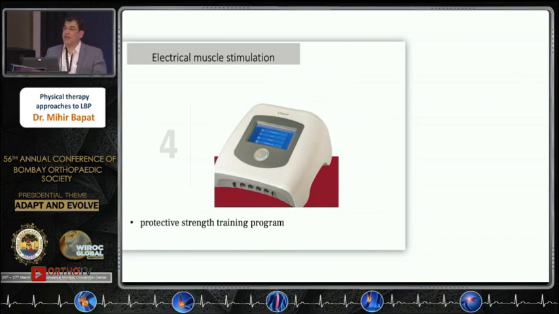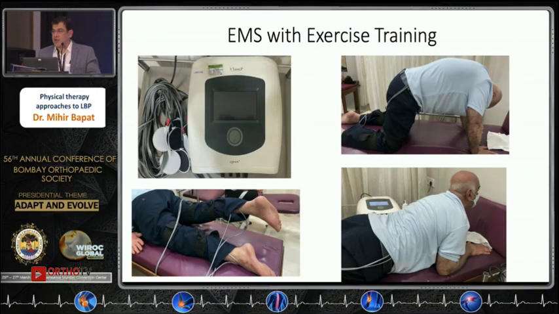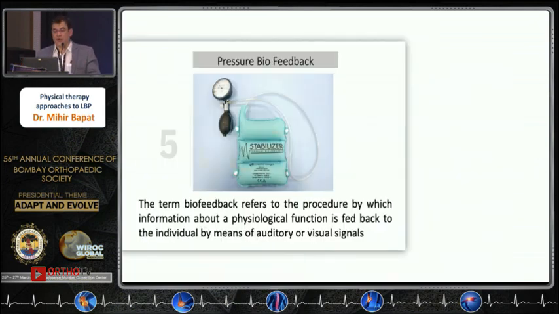And then the commonly used is the electrical muscle stimulation. So this is a sort of a protective strengthening program where you recruit the muscle fibers and make them twitch. The patient can be exercising when this twitching is going on, and you actually end up recruiting the muscles in a better way.